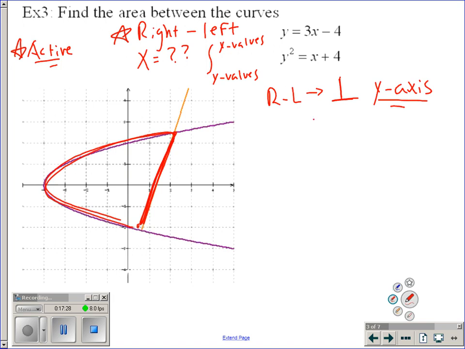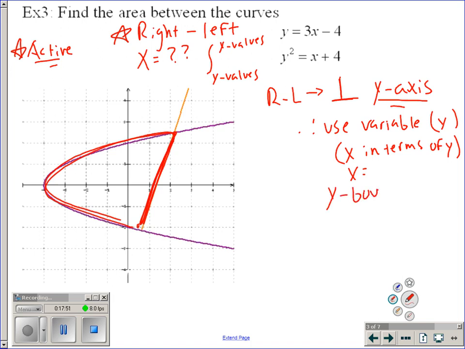Therefore, we're going to have to use our variable y. So that means we have to get x in terms of y. No longer are we going to have a y equals, we're going to have an x equals. That means we're also going to have y bounds, like I said earlier.